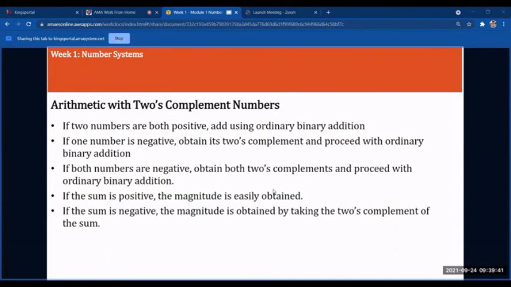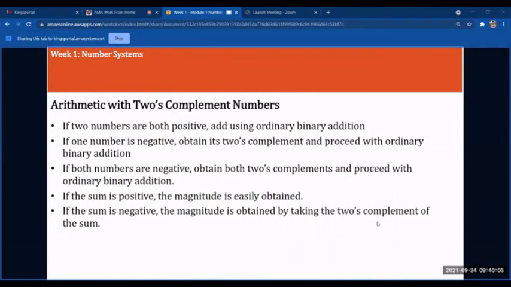If you add and there is a negative, or both are negative, you need to first get the 2's complements. Then if your answer is negative, you also need to take the 2's complement of it. So to summarize, you need a positive number to add and to have as your output.